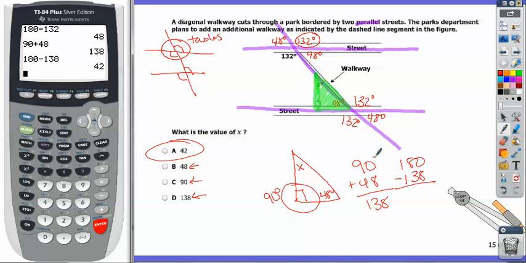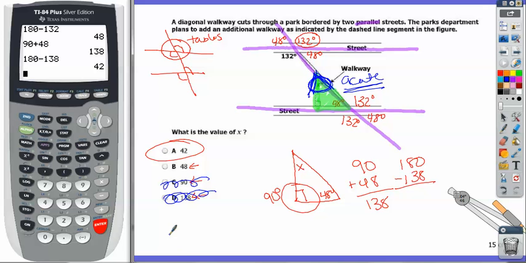Now before we move on, I want to make just a little observation. If you guys will hear me out for 5 seconds, do you see where this X is right here? This angle is acute. I know it's not 90, and I know it's not 138. I need to slash the trash and get rid of it.